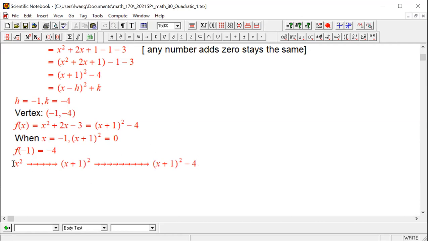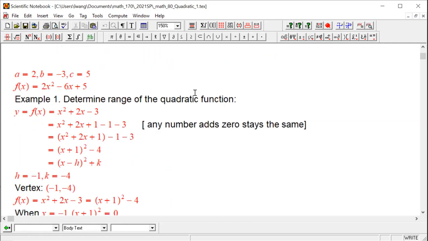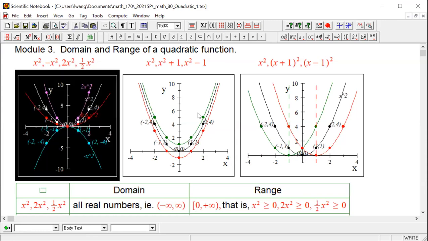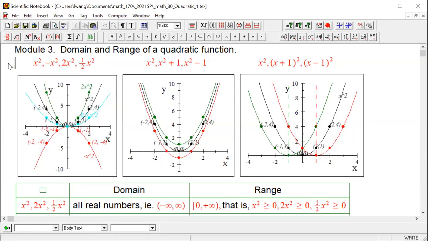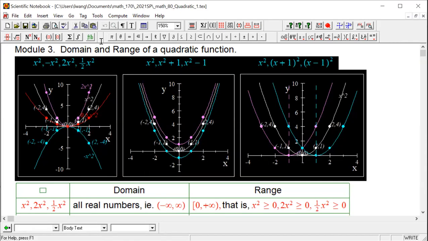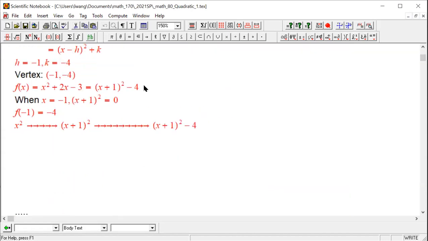Here are the steps. Use what we have done before. I'm going to bring back these three pictures, hopefully this will help us see how we should shift.